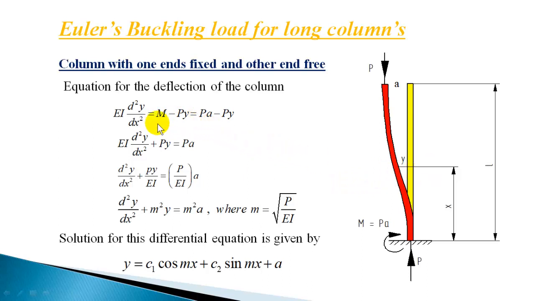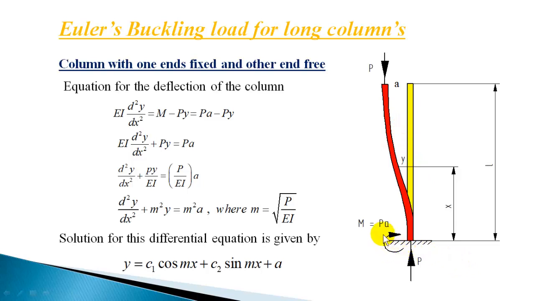Now M you can replace. If you go for the moment summation for the whole structure, plus M and the moment due to these forces, because they are not now collinear, the column has deflected, the free end has moved. So these two forces form a couple, and the lateral deflection at the free end we will put as A. Then P into A is a counterclockwise moment acting on the column.